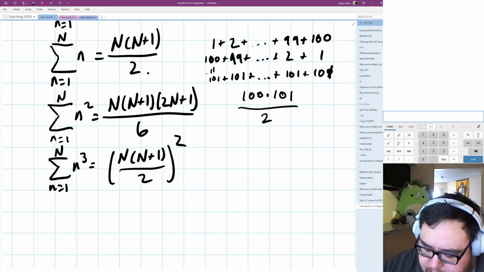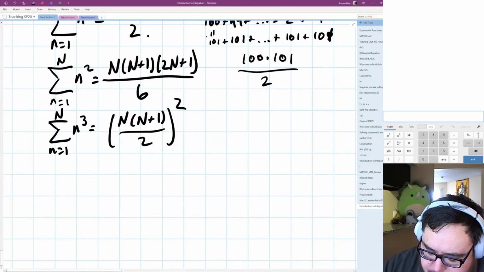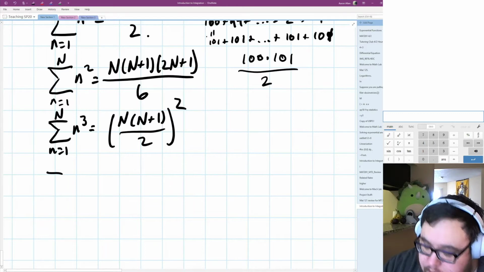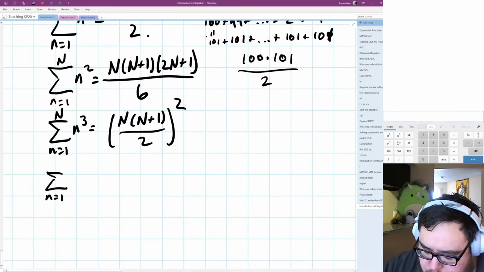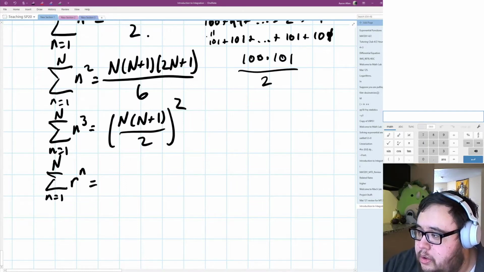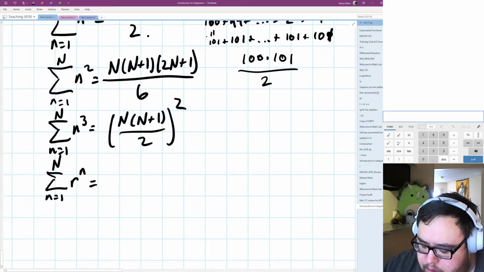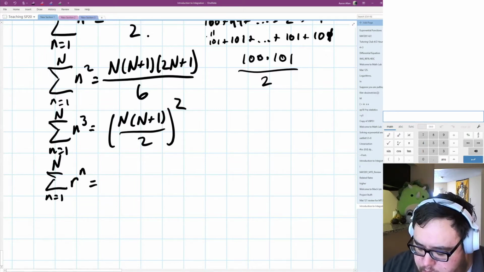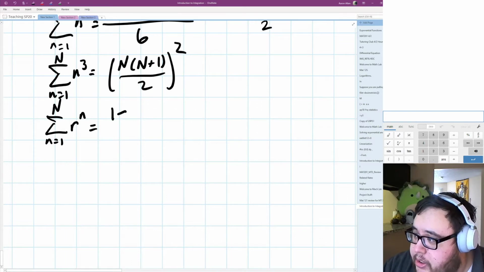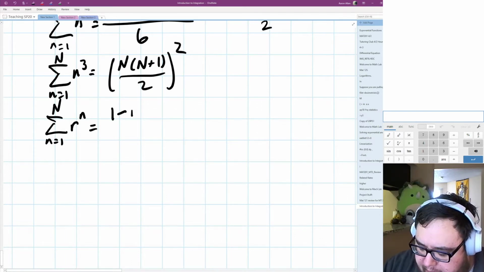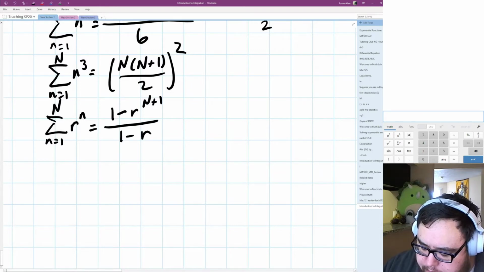And then a finite geometric series, the sum from n equals 1 to big N of r to the power of n, is equal to 1 minus r to the big N plus 1 divided by 1 minus little r.